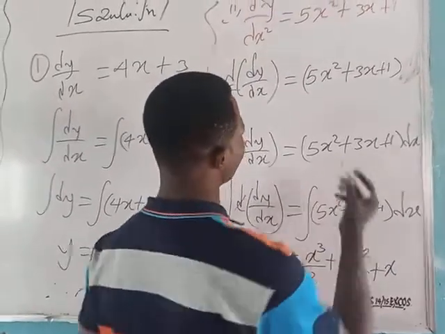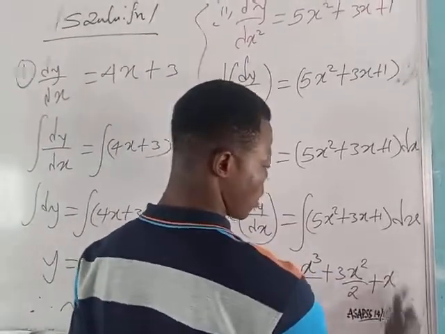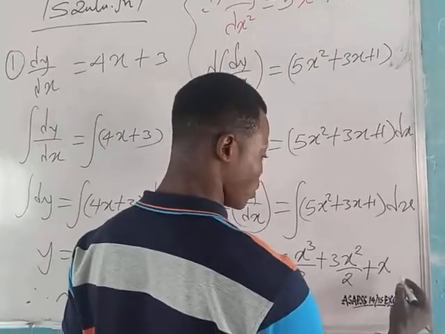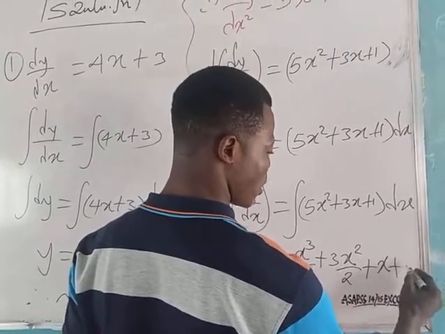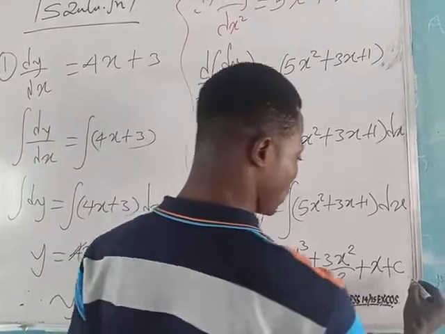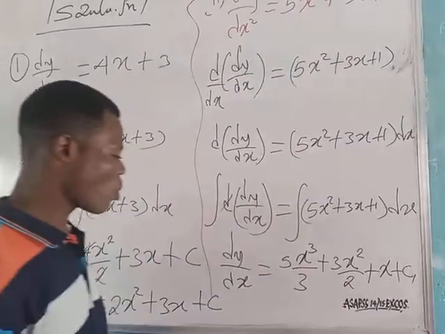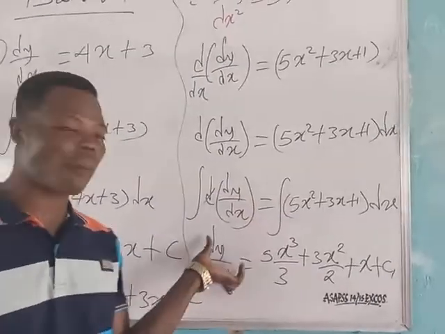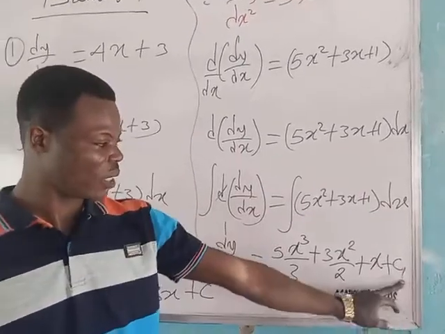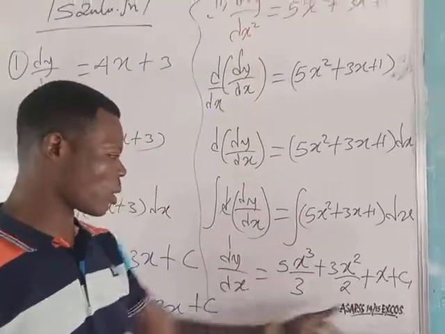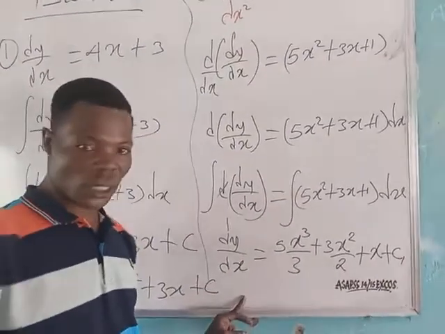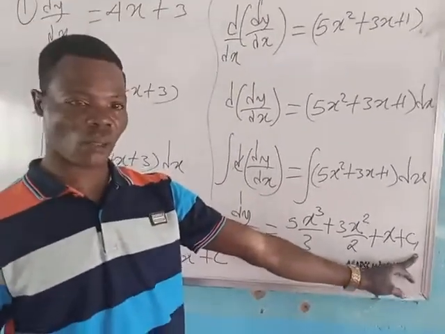So we need to put an integration constant, which is plus c. We are putting, let's say, c1, because we still have another differential part we want to consider. So if this is the first constant, then we can call this one c1, and when we integrate again, we are going to have a c2.